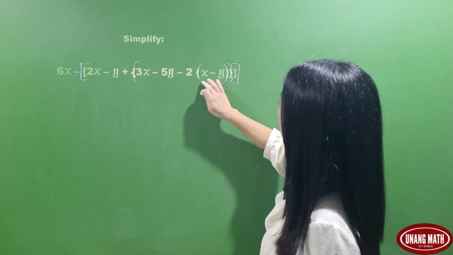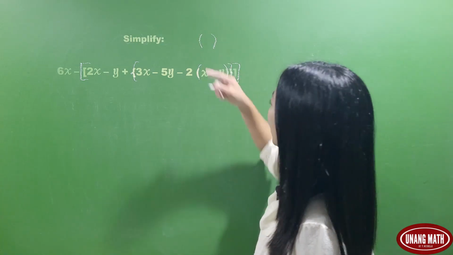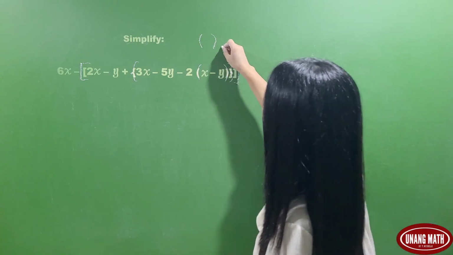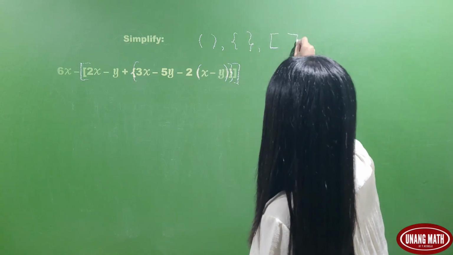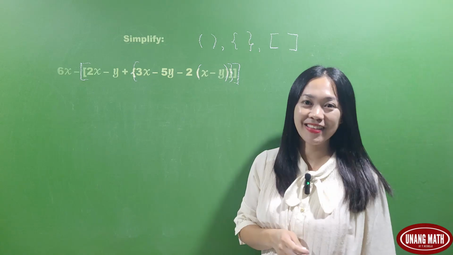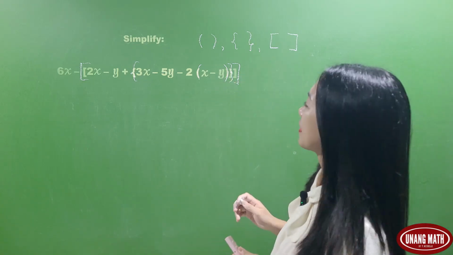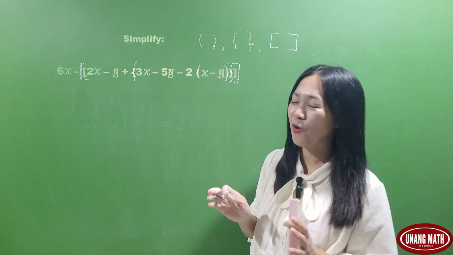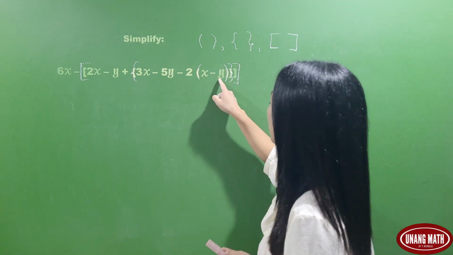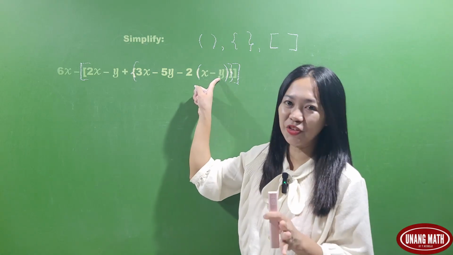So the order would be first inside the parentheses, then braces, lastly the expression inside the brackets. Since this is x minus y, we can no longer simplify this expression because they are not like terms.